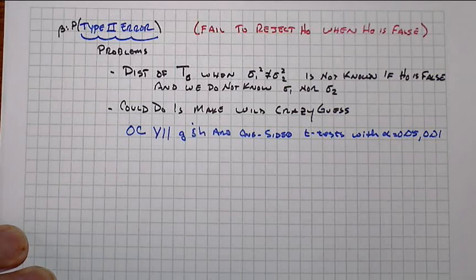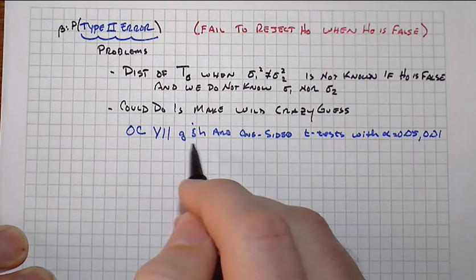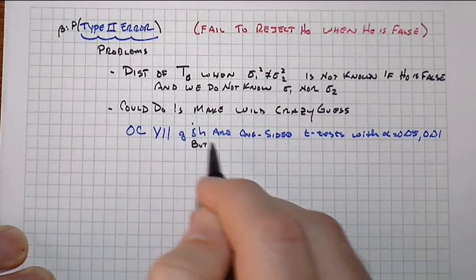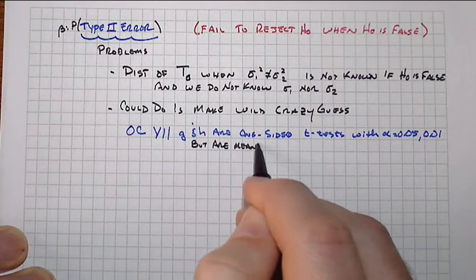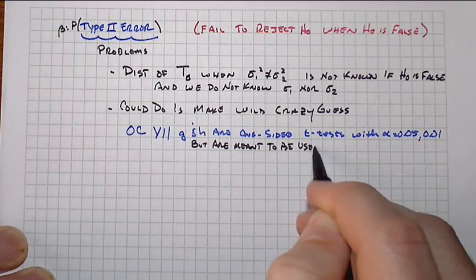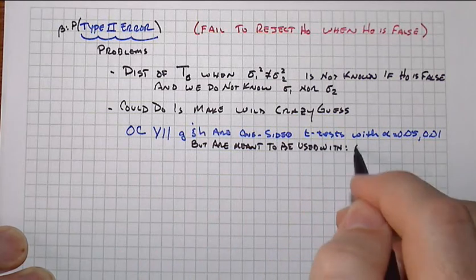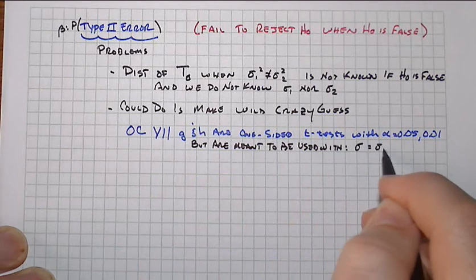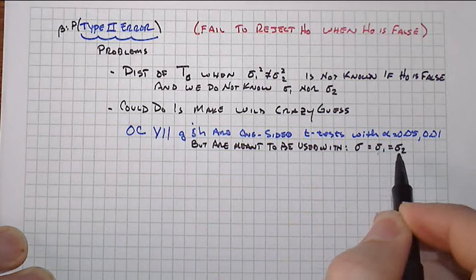Right? The problem here is that these charts were set up to be used under the scenario that our two population variances are the same, even though they're not known, but they're the same.